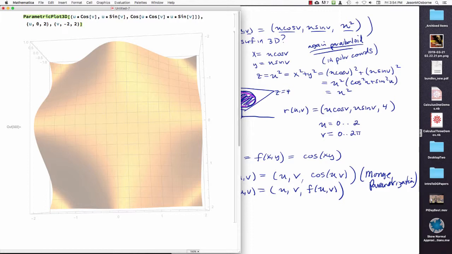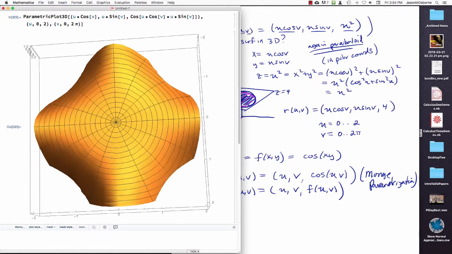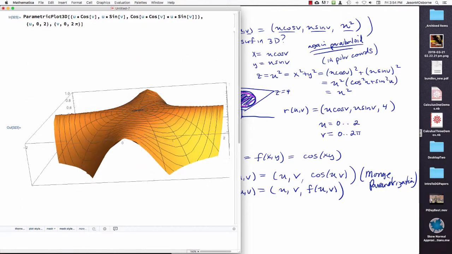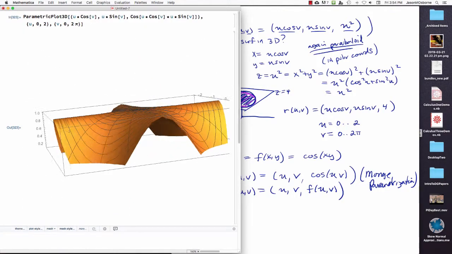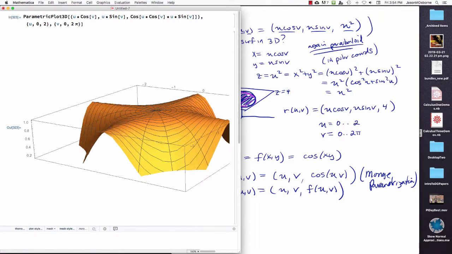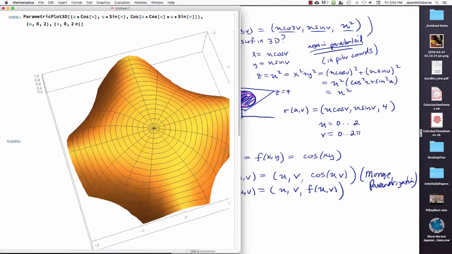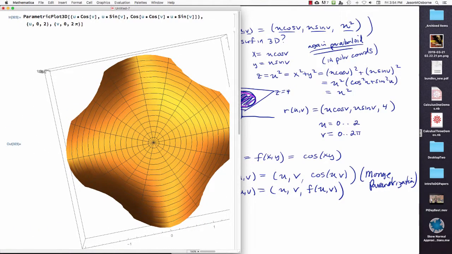Let's say u goes from 0 to 2, and let's go all the way around. v is the angle variable, 0 to 2 pi. And now we should see that same graph, but drawn over a circle of radius 2. Okay.